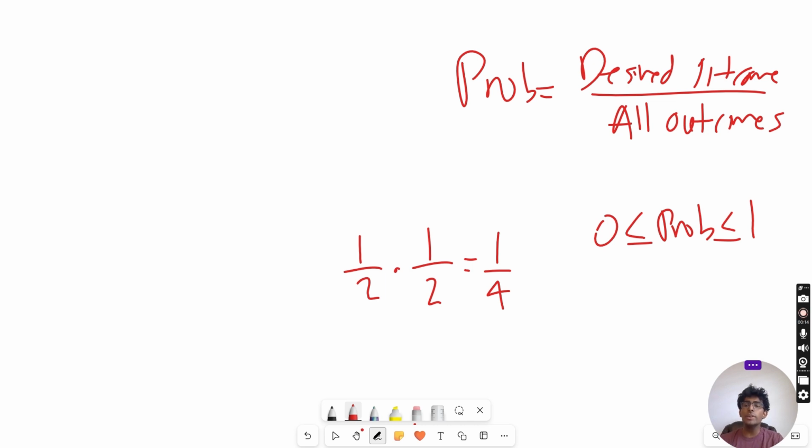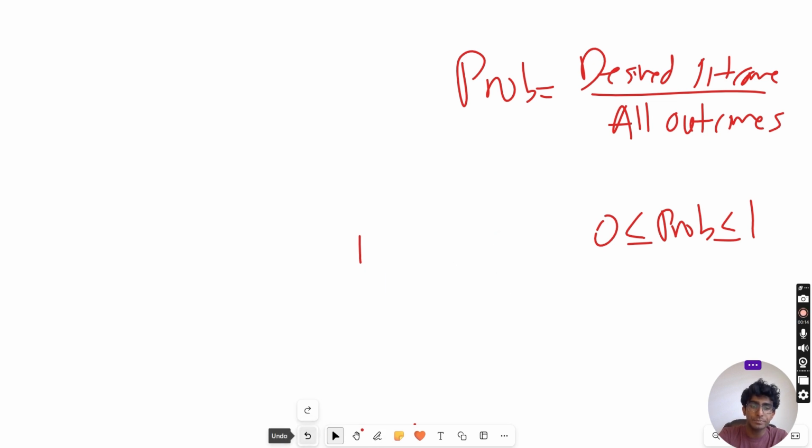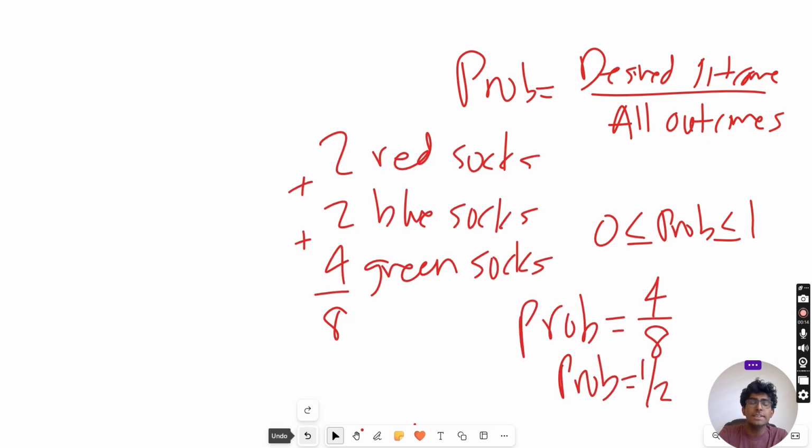If you have a situation like with the socks example, like what's the probability of getting a red or a green sock? That's where you're adding probabilities. So if we go back to that problem, let's say we are trying to find the probability of having a green or a red sock. If we were to pull out a random sock, what's the probability it's a green or a red?